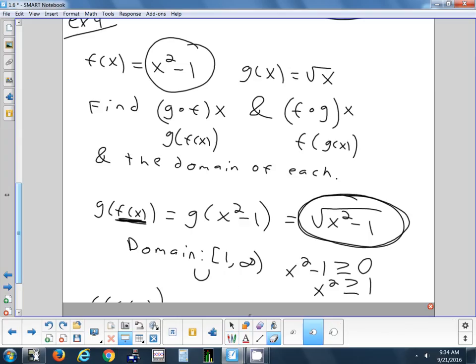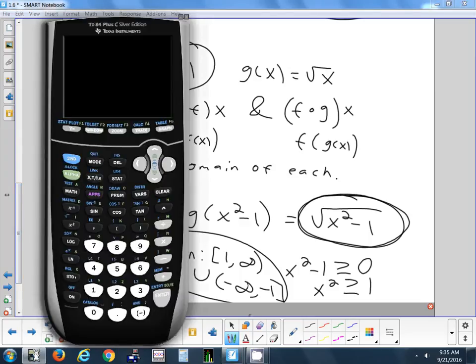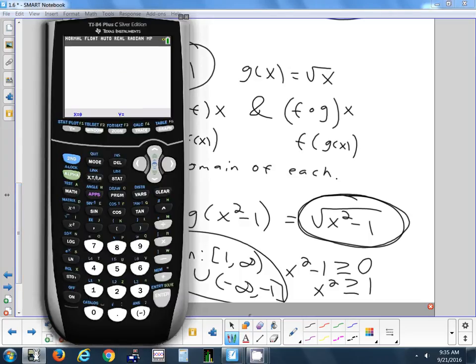Okay, that's a little tricky. And that's how you write it. Always put the smaller thing on the left, put the bigger thing on the right. Negative infinity up to -1. That's my domain. And if you graph it, you can always double check.